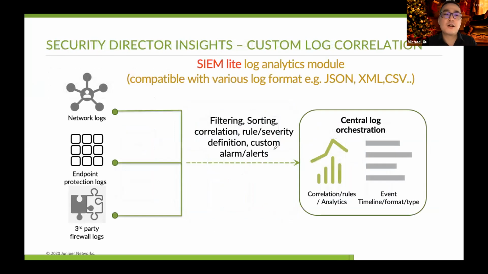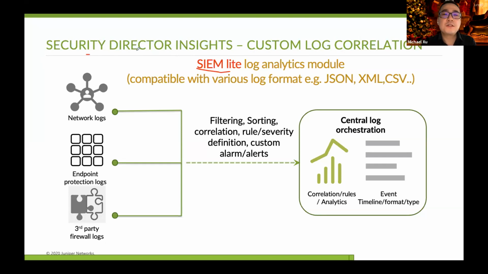And of course, we have a new product called Security Director Insight. We treat it as a SIEM-like solution, and the costing is also very friendly. Basically, it extracts the core functionality of the full-fledged SIEM, which is extremely expensive, which is the log consolidation and correlation.